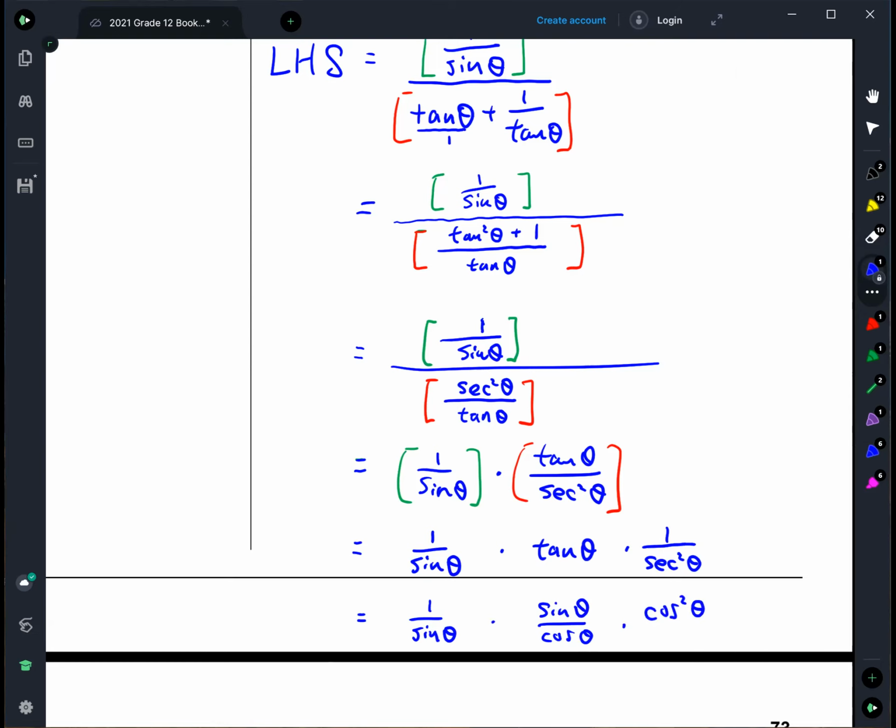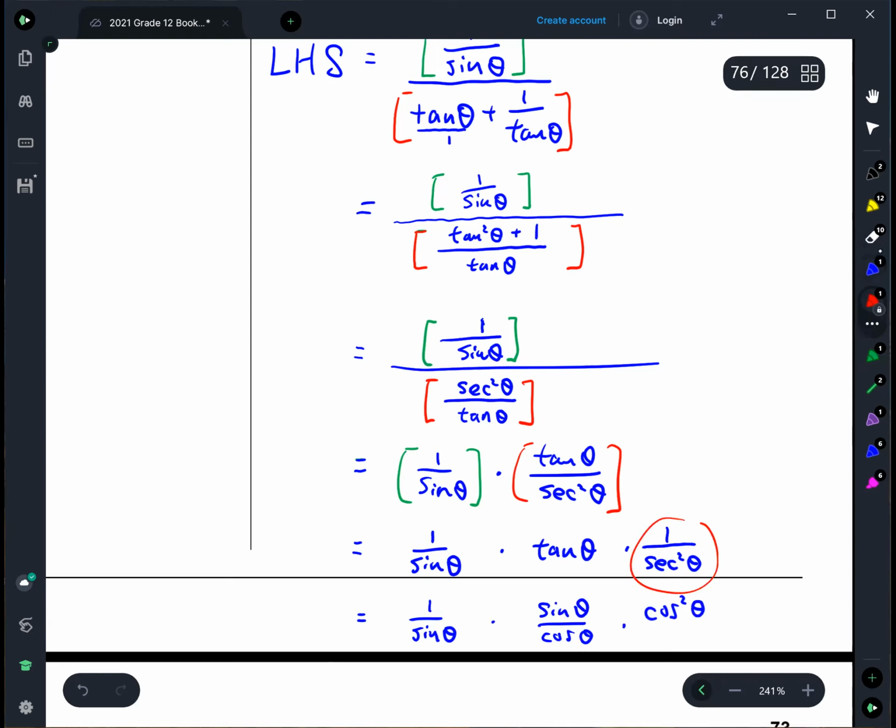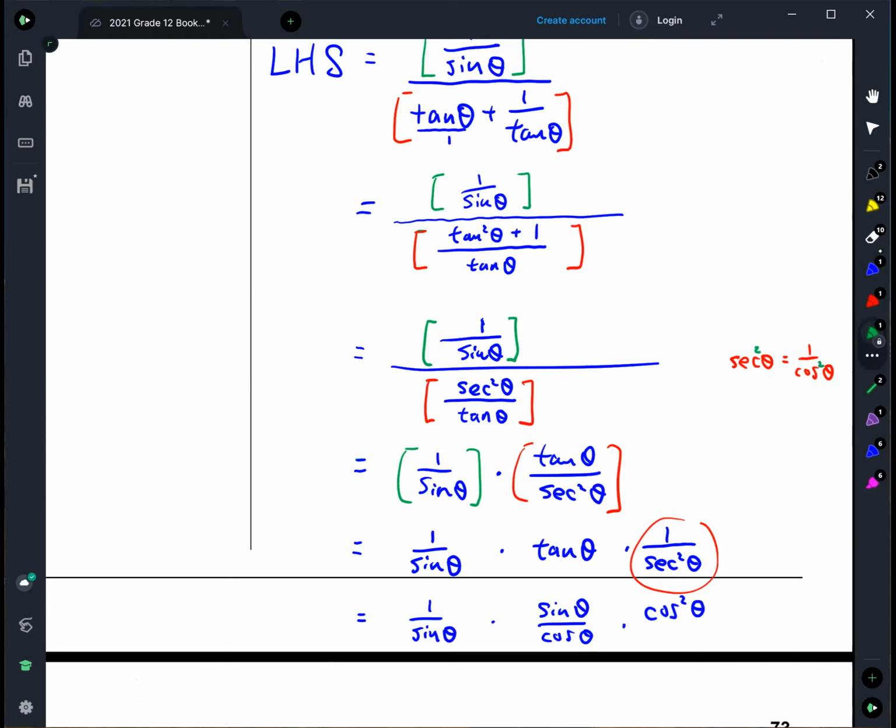Okay, this part came from secant equal to 1 over cosine, the reciprocal. Okay, so if there's a square, then cosine will have a square. The reciprocal works both ways, right?